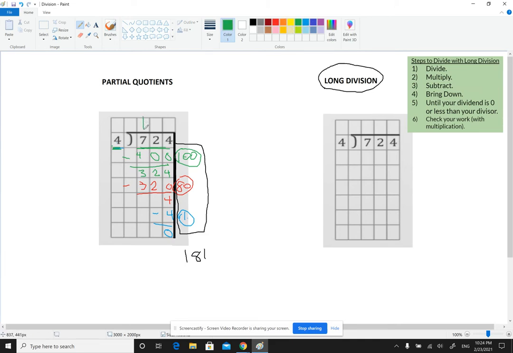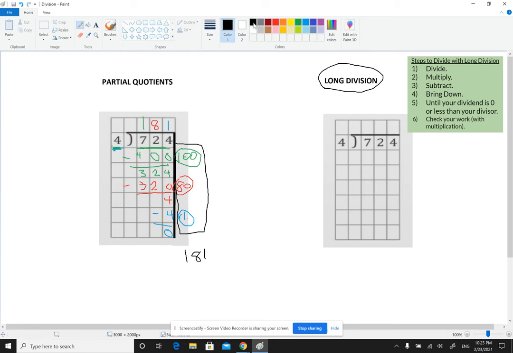That is going to be my quotient, meaning the number of groups that I can make of 4 in 724. Okay, so if I have 724, I can make 181 groups of 4 units each. So that is my partial quotient strategy.